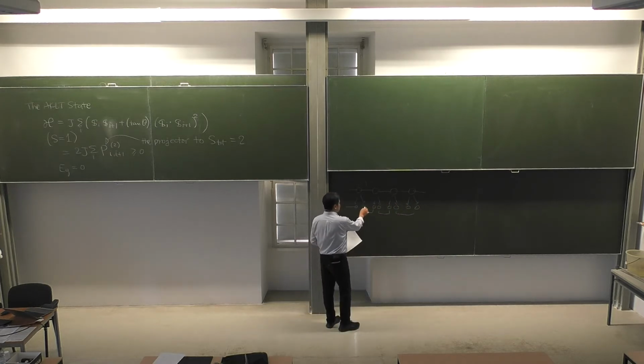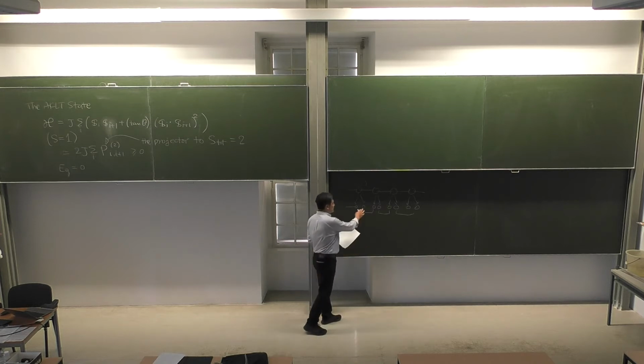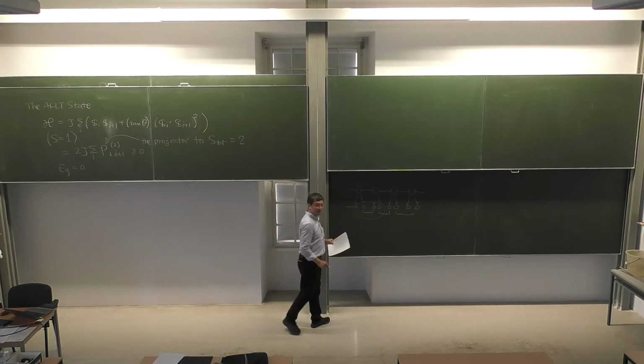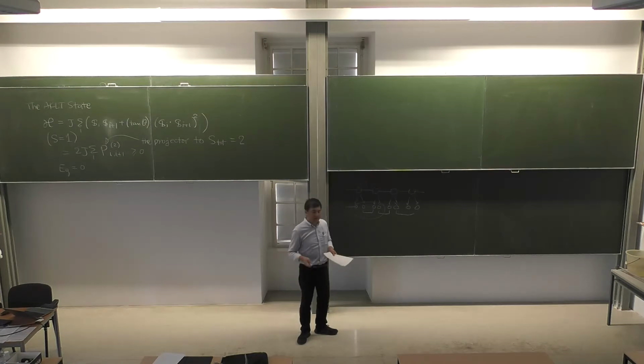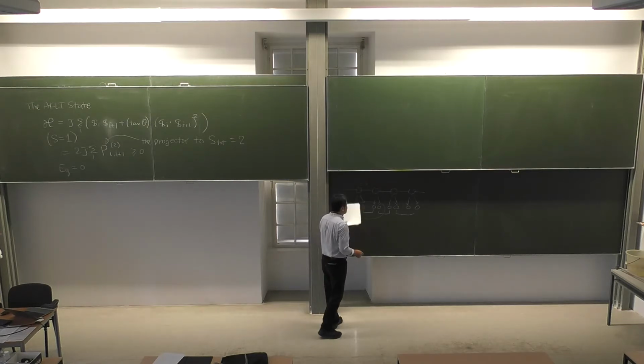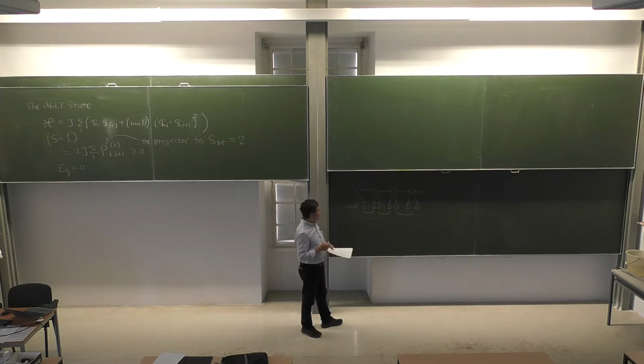So these 2 form a singlet. As long as they form a singlet, the total spin can never be 2. Therefore, this condition already guarantees that we get the ground state. However, since we split each spin into 2 spin one-halves, we have to get back to the original Hilbert space, which consists of only total spin 1 states for each site.